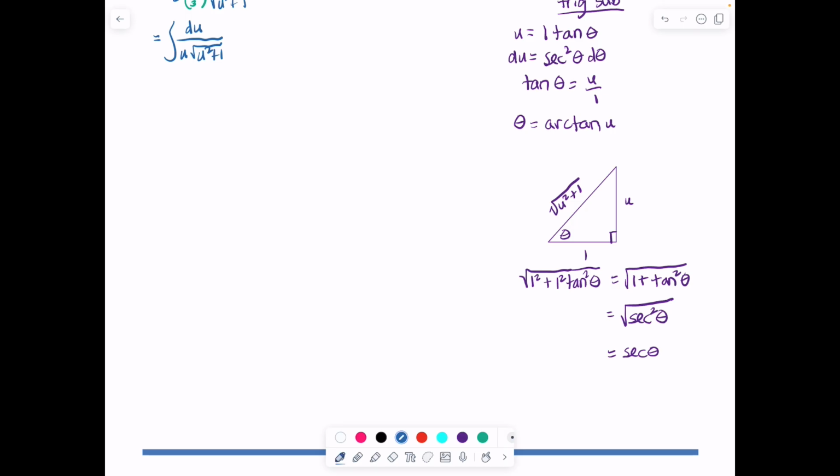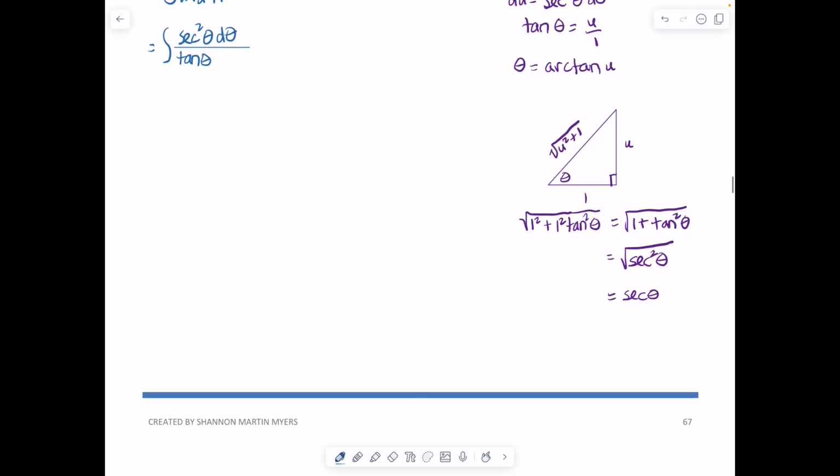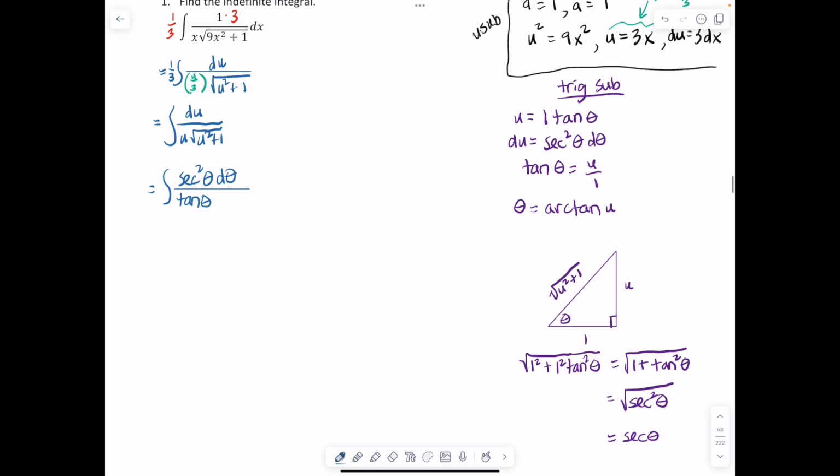Now back to our integral. Let's do this thing. We will have our du was secant squared theta d theta, right? And that's over u was tangent theta, and the square root of a squared plus u squared was just secant theta.